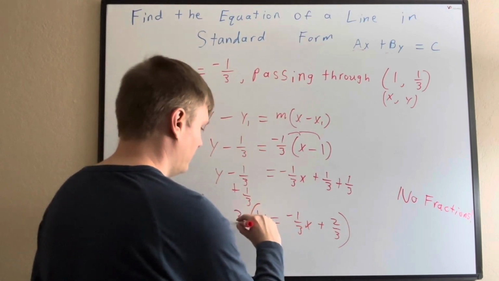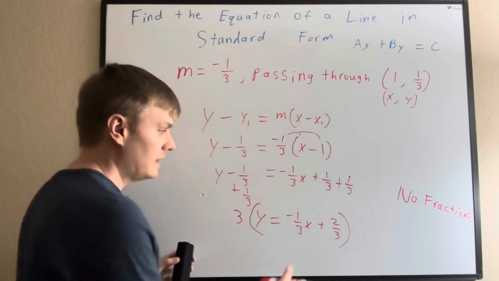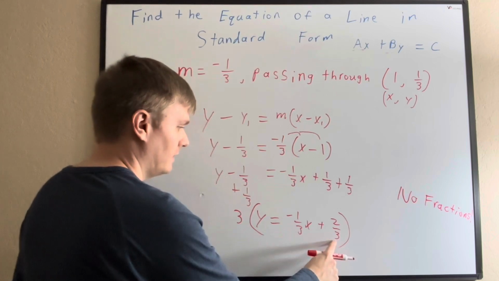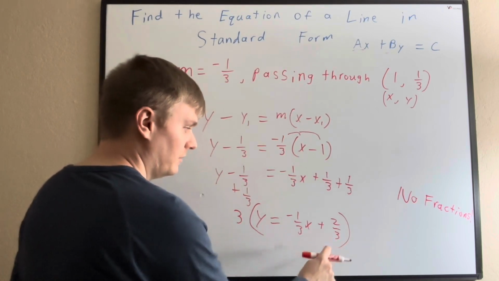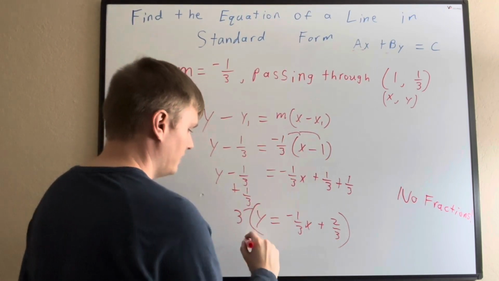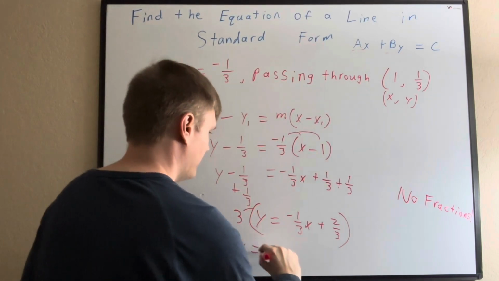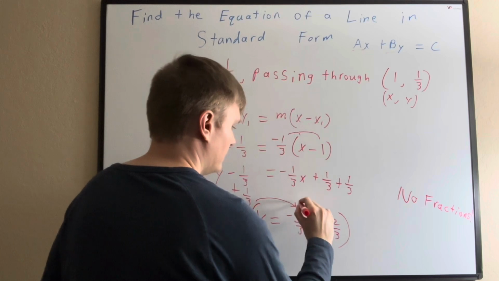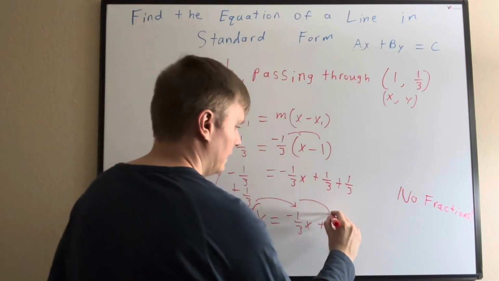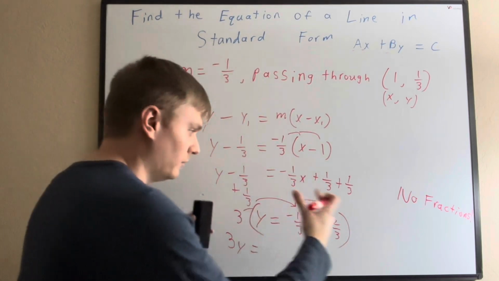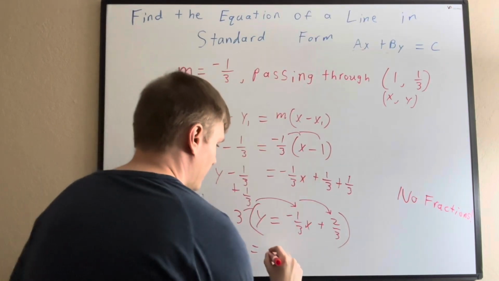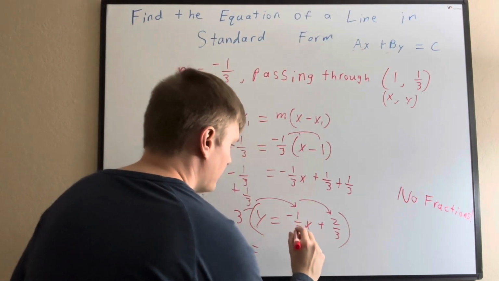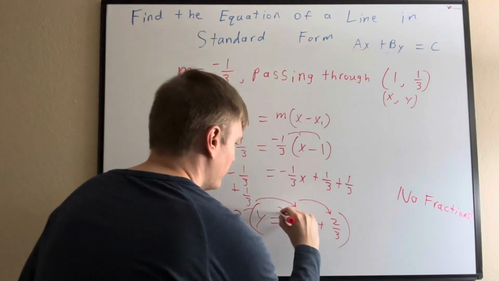We can multiply both sides by 3. Why did I choose 3? Because that's what's in the denominator here, in both of them. So when I distribute the 3 to the y, we get 3y, right? And we're going to distribute that 3 to the negative 1/3 x and to the 2/3, because we're multiplying all of it. So 3 times negative 1/3.